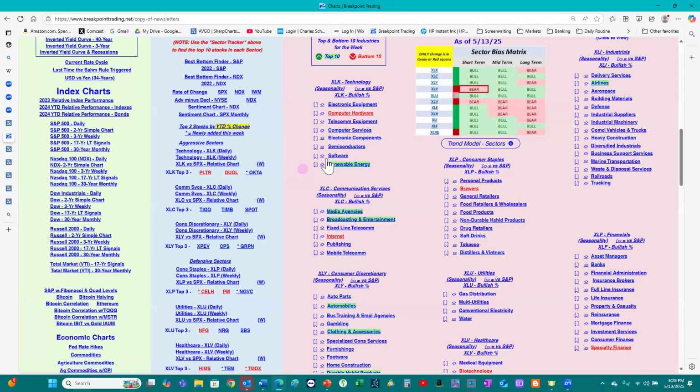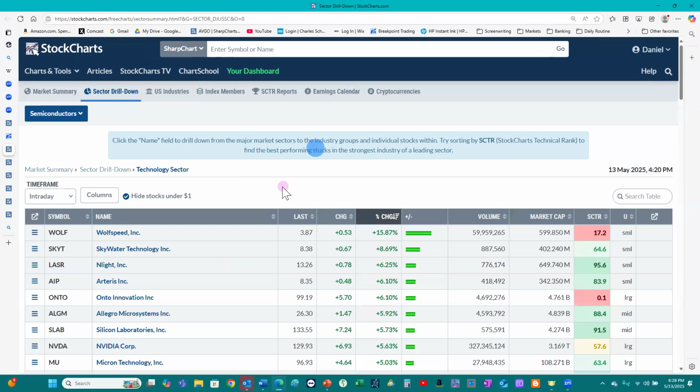And then the other one was semiconductors, which was not in the top 10, but if we look at the stocks in semiconductors, these are the ones for just the day. Wolfspeed is up almost 16%, Laser up 6%, NVIDIA right down here up 5.6% just for the day.